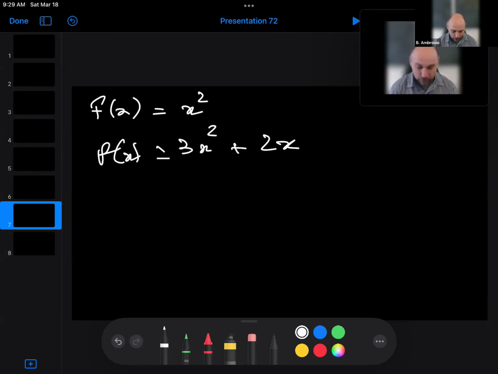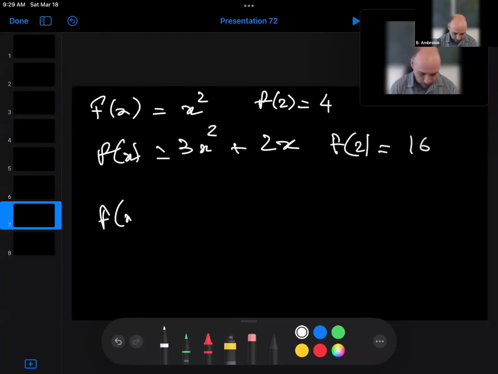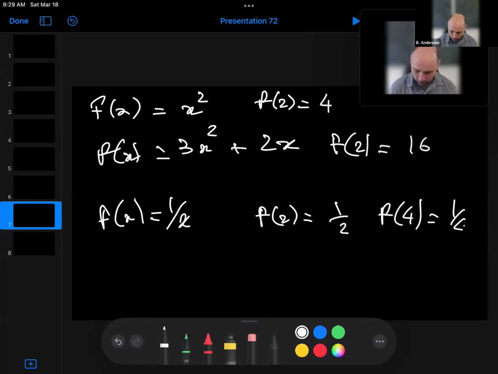If I choose 2, f of 2 is 12 plus 4, 16. I can also do, for example, f of x equals 1 divided by x. So f of 2 is 1/2, f of 4 is 1/4, and so on and so forth.